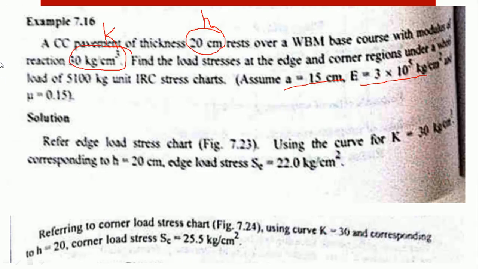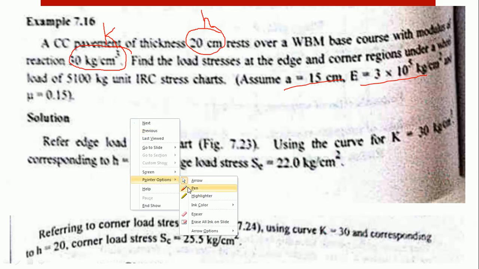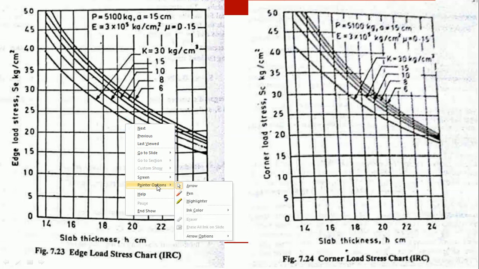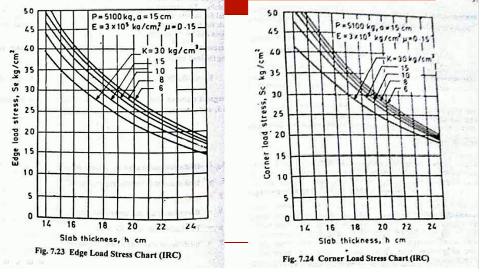First we are going to find the value of the edge load stress, so you need to refer to the first graph. H is the slab thickness, it is 20, which is this point, and K is the modulus of subgrade.